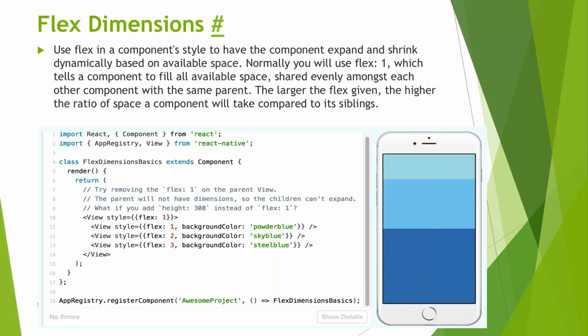Okay. So this is just a simple view that you see. Now you can create various complicated views using this. So you can have various parents with various small children inside them and give flex values and all. Initially, when you're doing it, you might think it's a little bit complicated, a little bit cumbersome, but trust me, once you get a hang of it, this works like a charm, because your flex takes care of your orientation change, and whether it is a phone or a tablet or a desktop.